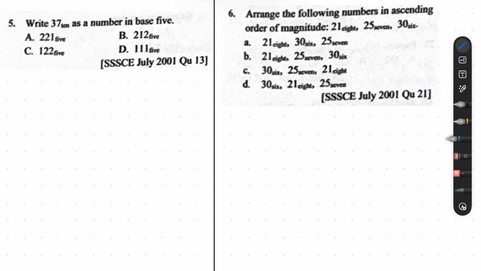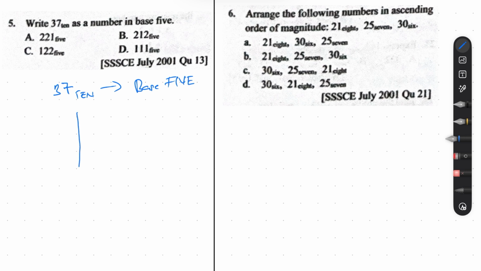We have 37 base 10 to base 5, right? So how do we do that?